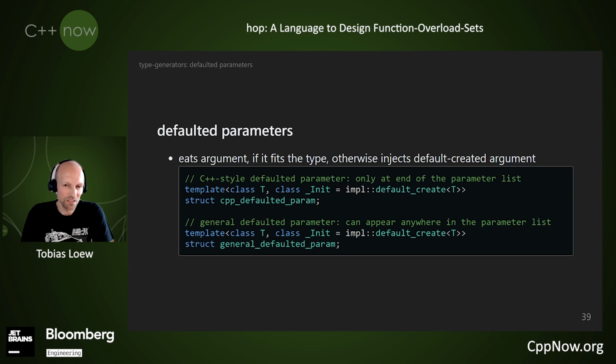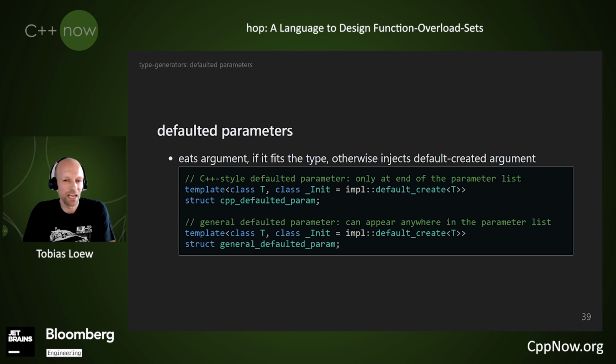Or you could specify any other creation routine with an operator, a function call operator, which will be called. But we also have what I called a general defaulted parameter, and that can appear at any position in the parameter list, also at the beginning.